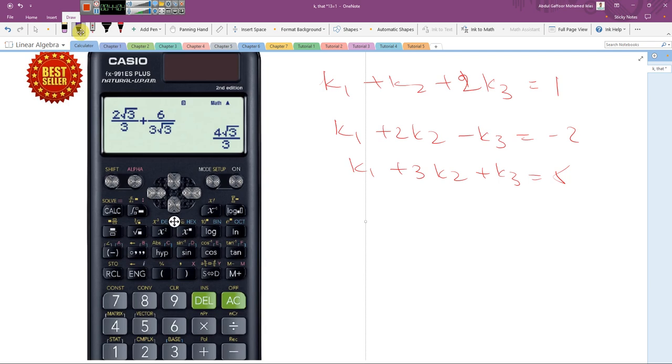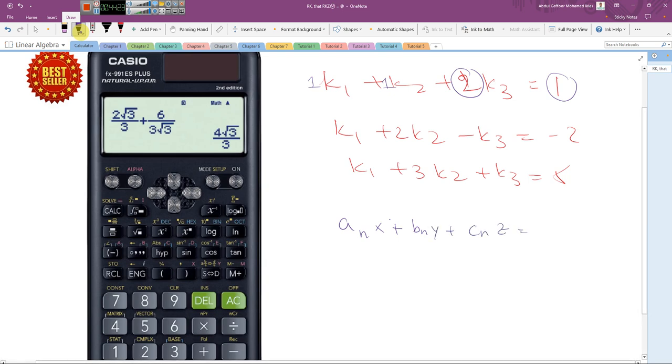So here we have 1, here we have 1, here we have 2, then here we have 1, Cn, right? The format of the equation is AnX plus BnY plus CnZ is equal to Dn. So these are the coefficients it asks for. If you press 2, then A is asked, B is asked, C is asked, and D is also asked.